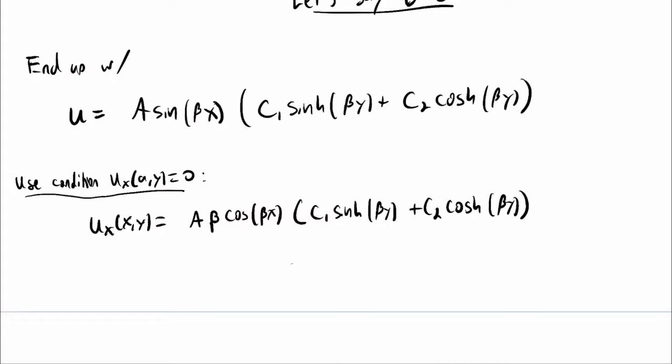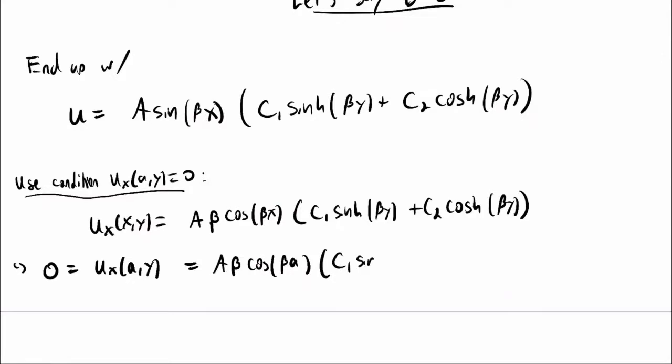Right, and so when I set x equals a, then I have 0 is equal to u_x at (a, y), which is equal to a times beta cosine of beta a times the remaining terms, which don't change since we're not doing anything to y.